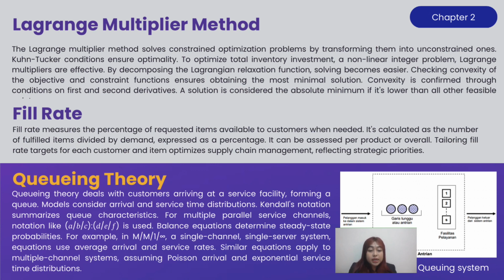Balance equations determine steady-state probabilities. For example, in M/M/1/infinity, a single-channel single-server system, the equations use average arrival and service rates. Similar equations apply to multiple-channel systems, assuming Poisson arrival and exponential service time distributions. And this is the illustration of a queuing system.